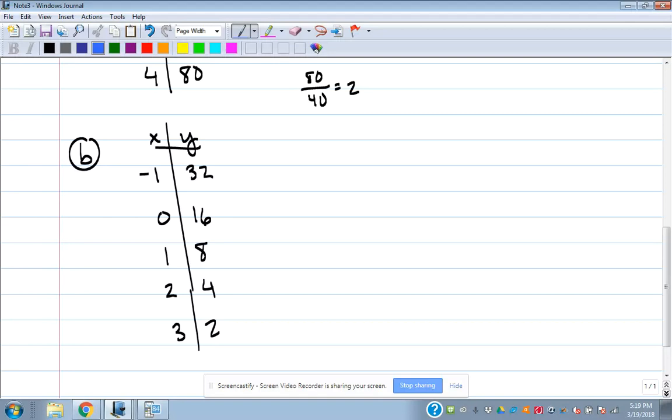So there's a pattern going on, but is that pattern exponential? How do I decide? It's the ratio of the Y values. 16 over 32. It's a half. 8 over 16. It's also a half. 4 over 8. Also a half.